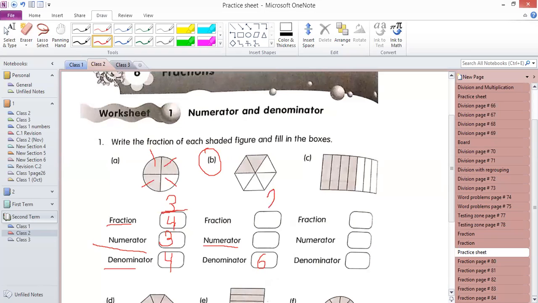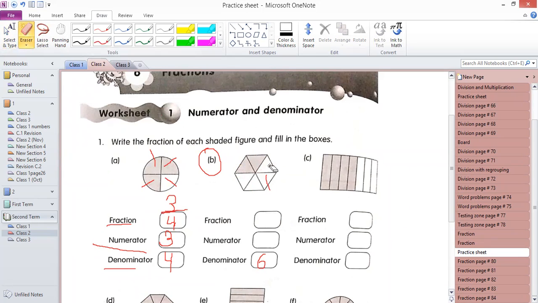In a fraction, you will write numerator up and denominator down. So guys, the denominator is 6. Why? Because this shape is divided into 6 equal parts. 1, 2, 3, 4, 5, 6. That's why you will write 6.